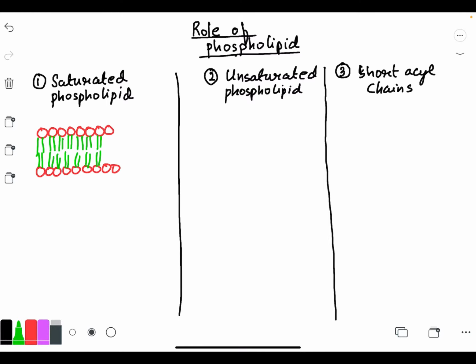And therefore they can easily pack together, right? So if in a membrane the saturated phospholipid is high, then the fluidity will be low. Fluidity decreases with increase in saturated phospholipid.